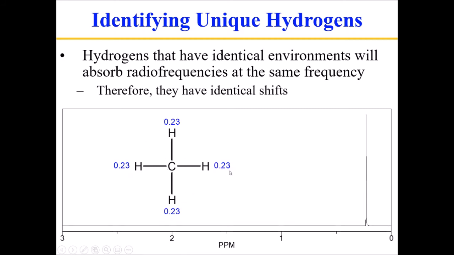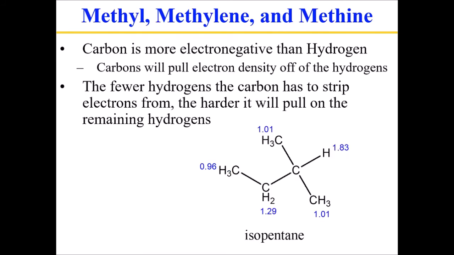And the resulting shift value is actually pretty close to TMS. TMS is, from the hydrogen's perspective, the best life can possibly be. That's the most electron density you're going to have. And methane, it's pretty close. And so this has a very low shift value. These hydrogens have a lot of electron density. They are highly shielded.